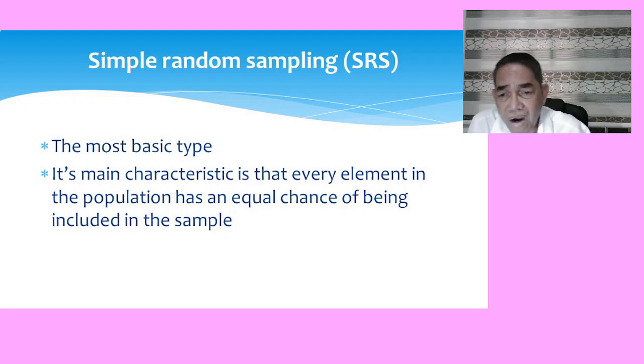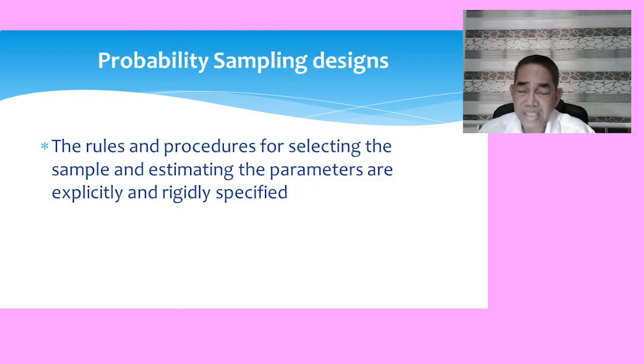Its main characteristic is that every element in the population has an equal chance of being included in the study. I failed to say to you that in a probability sampling methodology, because this is the scientific way of getting the samples, you can actually infer results.